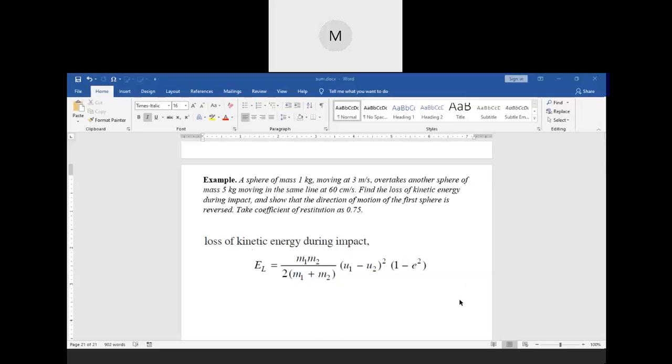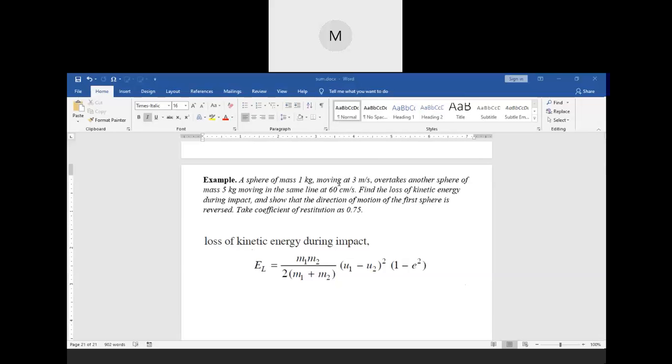From the conservation of momentum equation, you get m1 u1 plus m2 u2 equal to m1 v1 plus m2 v2. Now you know m1 and m2, and u1 and u2, but you don't know v1 and v2, right? So you will get one equation in terms of those, and there will be another equation on the basis of the law of collision of elastic bodies: v2 minus v1 equal to e times (u1 minus u2).